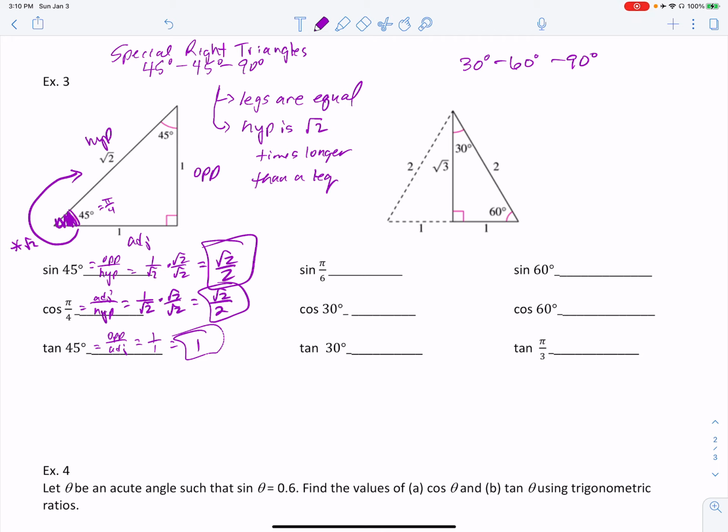But on 30, 60, 90, the hypotenuse is twice the short leg, and the long leg is √3 times larger than the short leg.